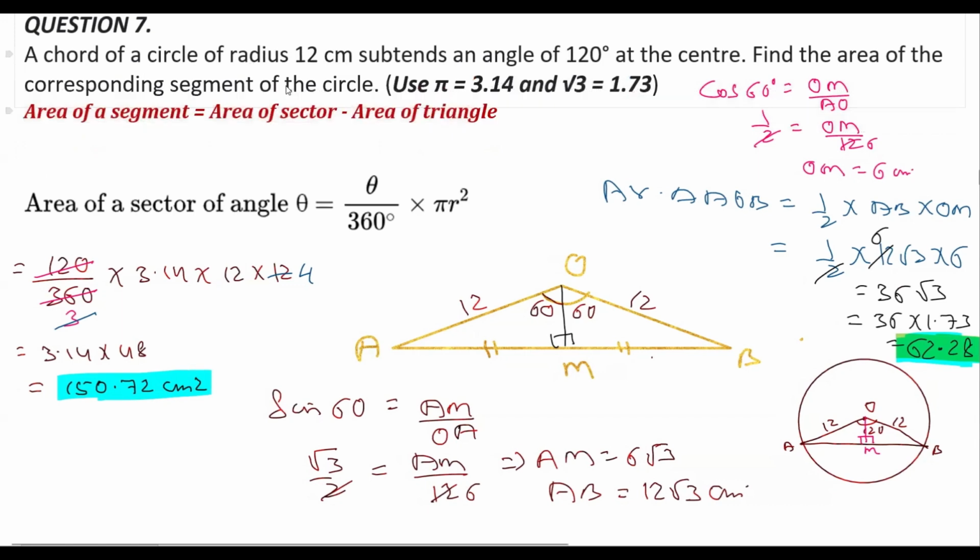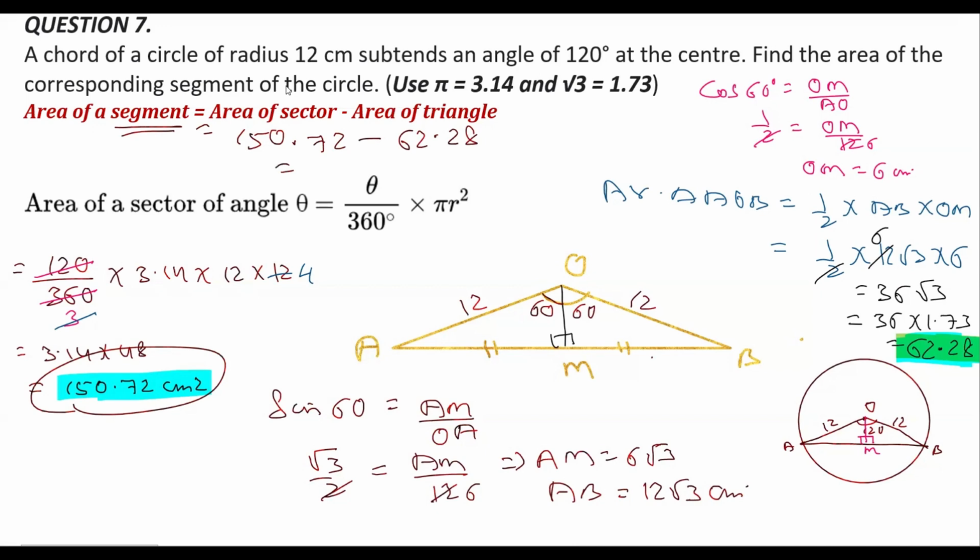It can come down. So the area of the segment is what we have to calculate, which is the area of this sector. The area of this sector we calculated as 150.72 minus the area of the triangle, which we calculated as 62.28.